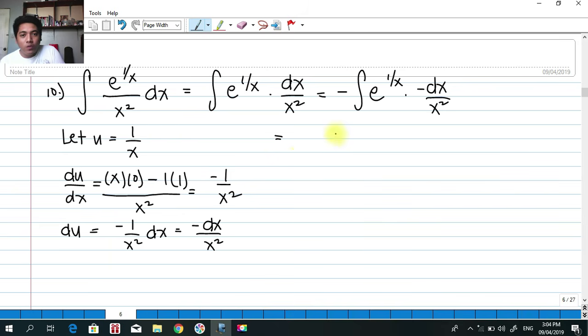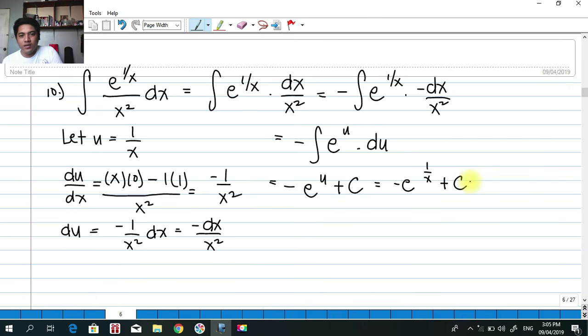So what will happen is negative the integral of e raised to u, where 1 over x is u, times negative dx over x squared, which is simply du. Then the integral of e raised to u is simply e raised to u plus c. Okay? So back substituting, we have negative e raised to u, where u is 1 over x, plus c.